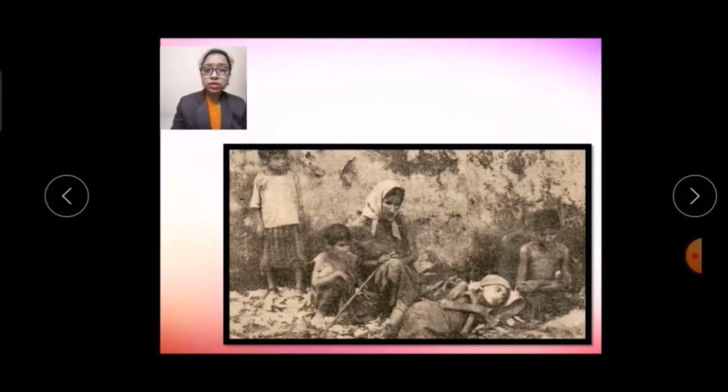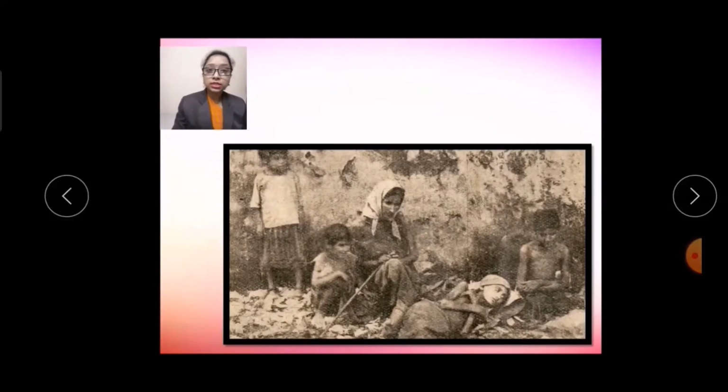So who were the untouchables and what is the meaning of untouchables? Untouchables means that they cannot be touched. Gandhiji realized that to unify the people of India, the social evils had to be removed.